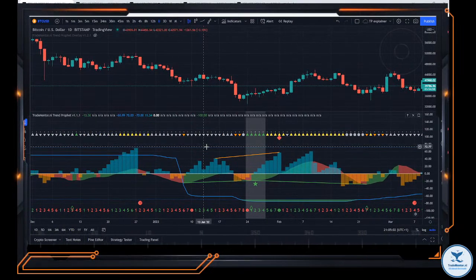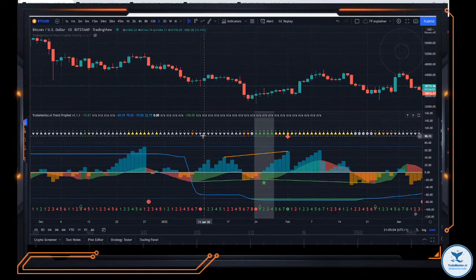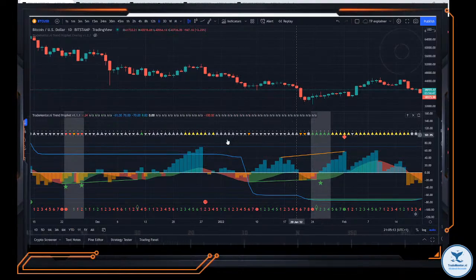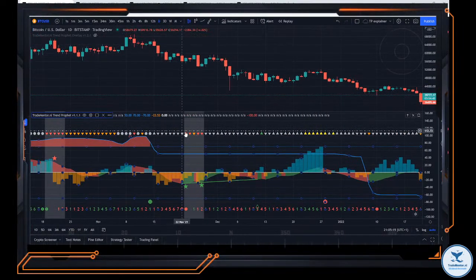Let's see if I can find some red examples. So here we were mild down, slowly up, down, and here we went to a green. So like it's trying to call a bottom, and it's just a score given from all the other indicators on this screen combined. And here it called a top, a local top, whilst it was in a downtrend. Yep, definitely a downtrend. Some red and orange stars, and the downtrend continued.